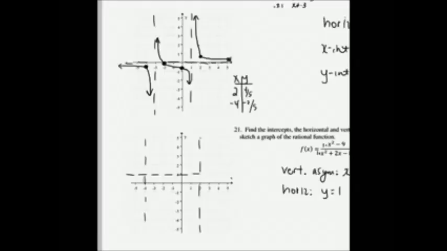The x-intercept, again, is found, like the problem above, by setting the numerator equal to 0, and that happens when x is 3 or -3. So those are our two zeros, +3, -3.